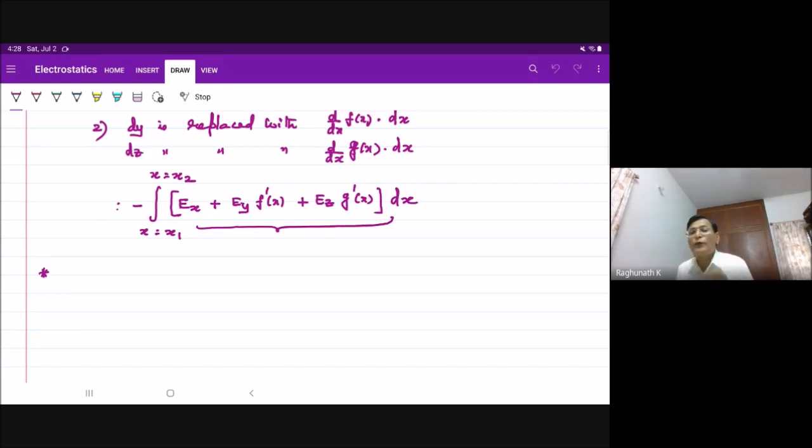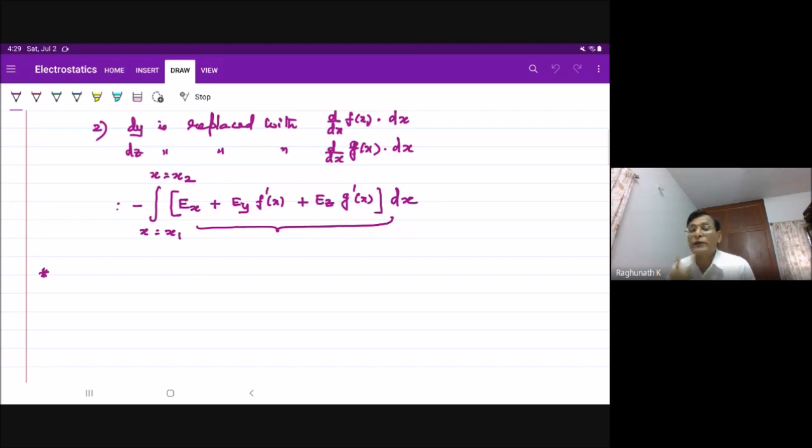If we are moving in the direction opposite to the field force while going from initial point to final point, this integral minus integral E bar dot dl bar should return a positive value.